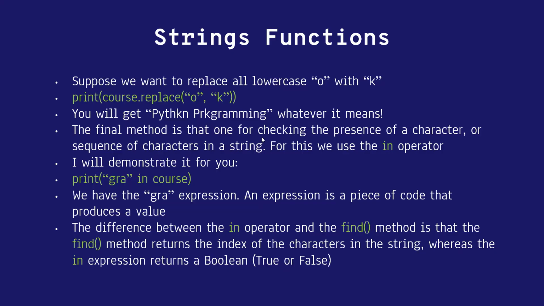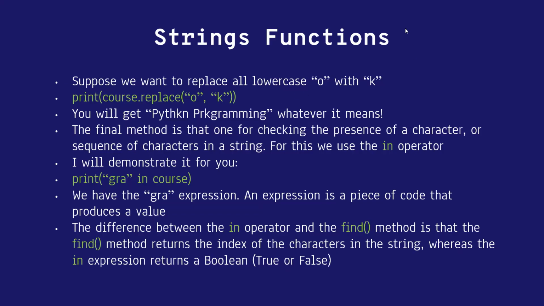Now, the final method is that of checking the presence of a character or sequence of characters in a string. For this, we use the in operator. I'll demonstrate this for you. Print gra in course. Let's see what we find.